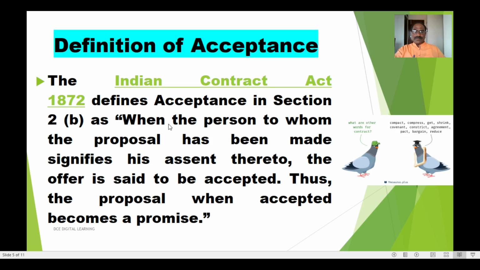Acceptance is nothing but when the person to whom the proposal, the person here is the offerer, and to whom the proposal has been made, here is the offeree, to him the proposal has been made, and for that proposal there is an assent, means the offeree is ready to accept that offer which is made by the offerer.